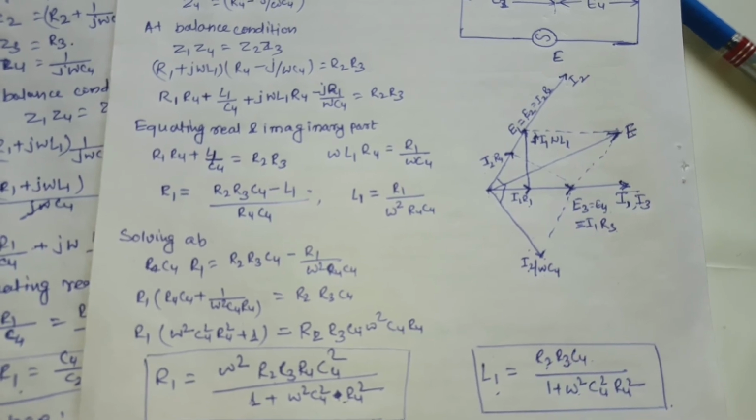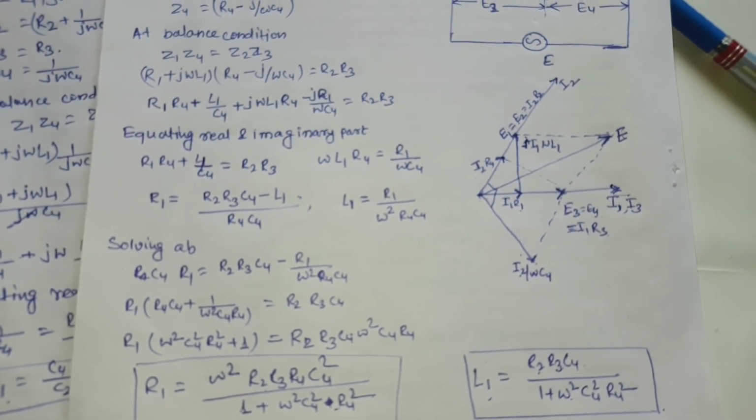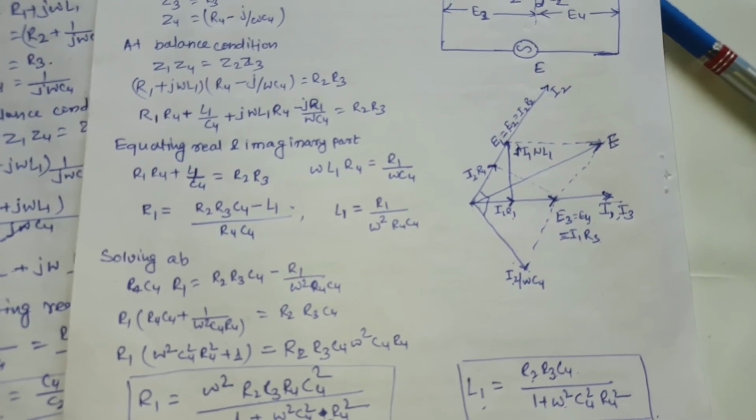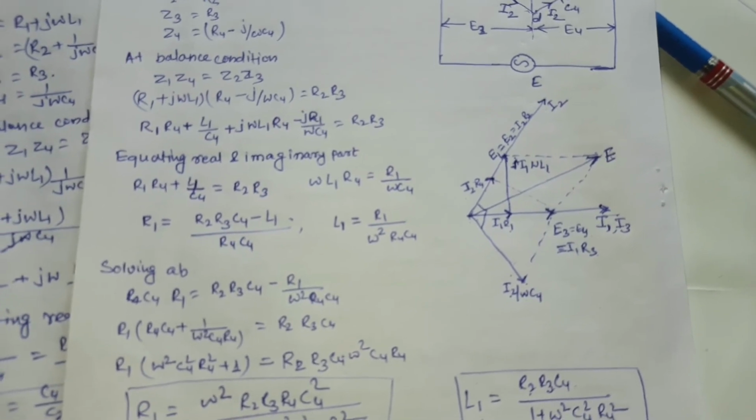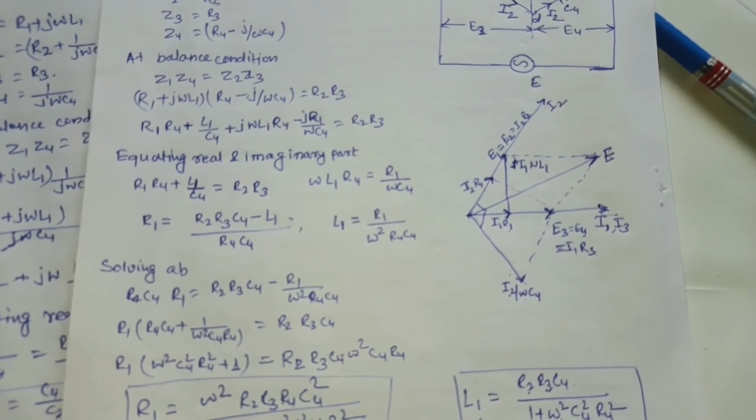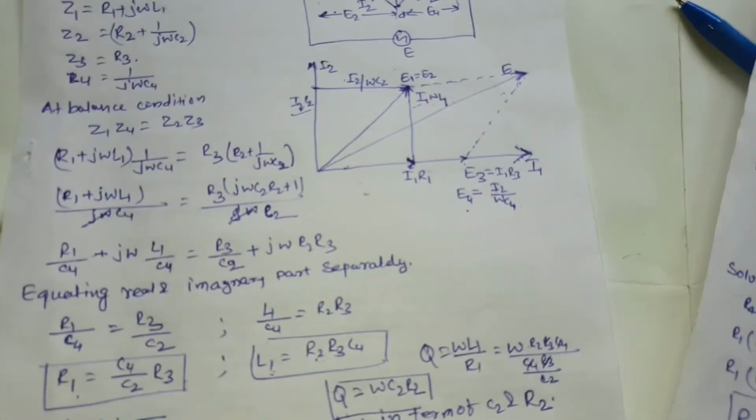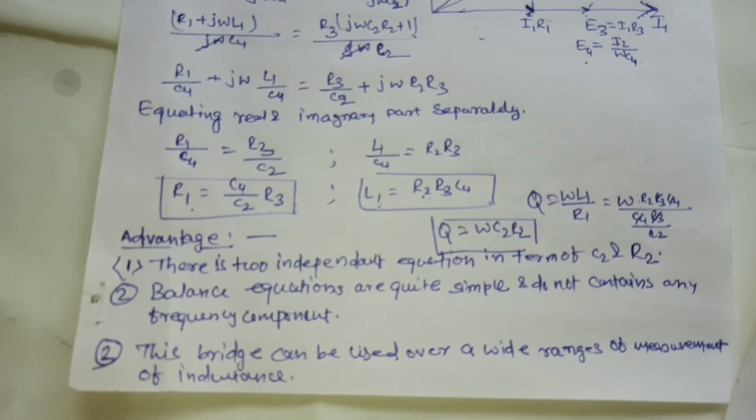Maxwell's inductance capacitance bridge is useful for the measurement of quality factor having a value less than 10. So those are the advantages and disadvantages of the different types of bridges, and the Owen bridge is used for a wide range of measurement of inductance.